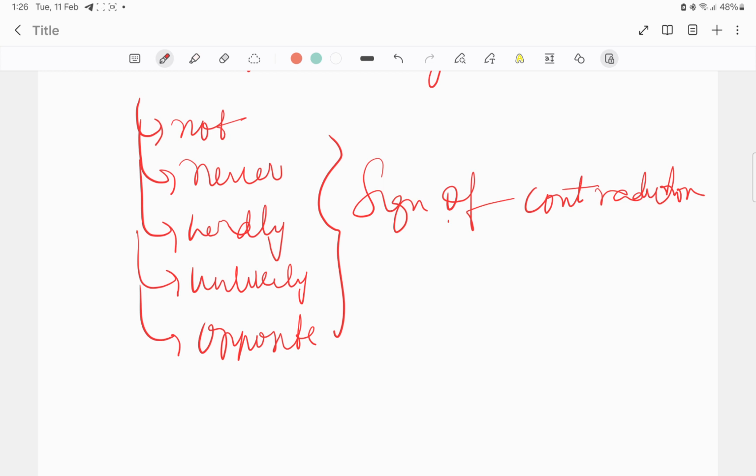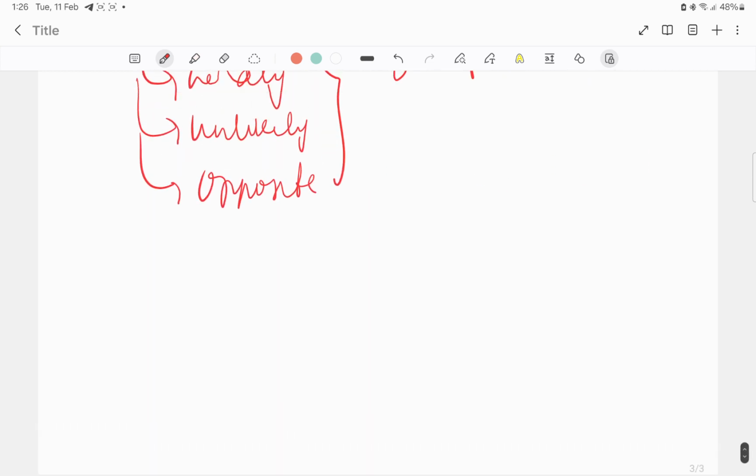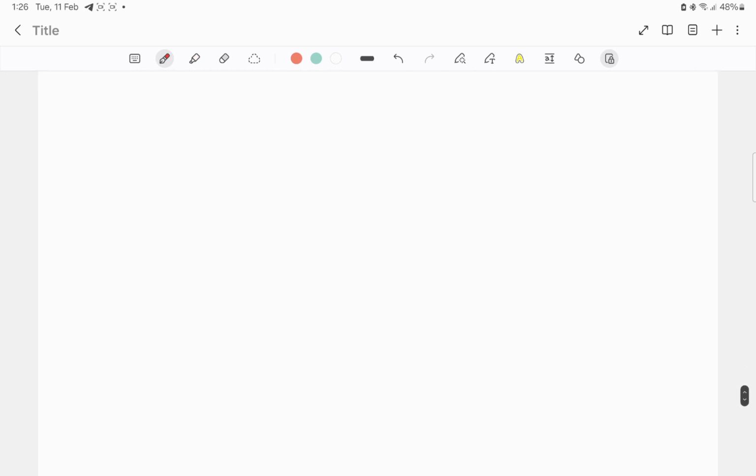CLAT may subtly insert these words to create contradictory answers. So step 4 is the last one. If it contradicts, it cannot be correct.